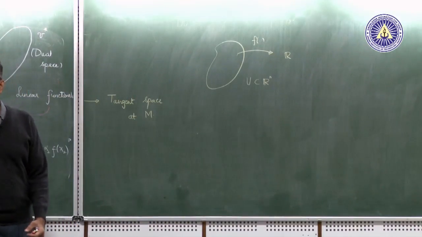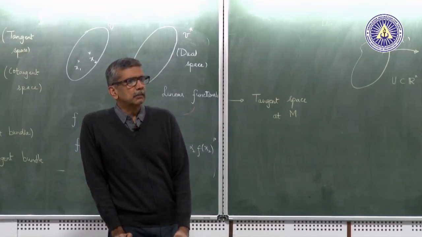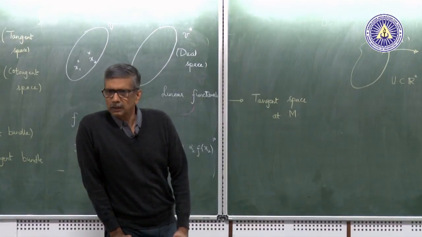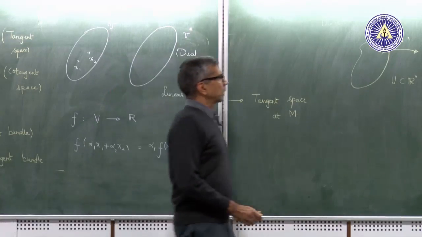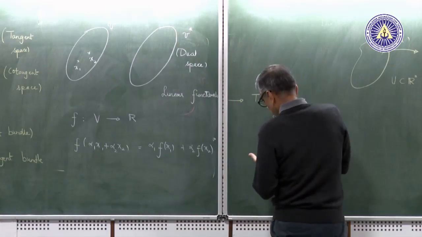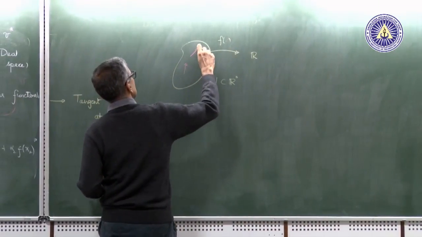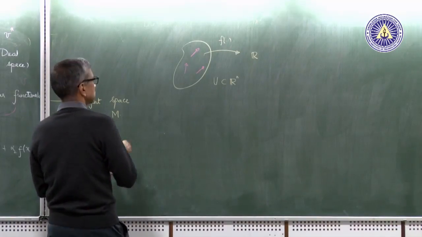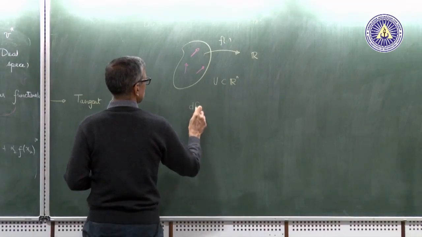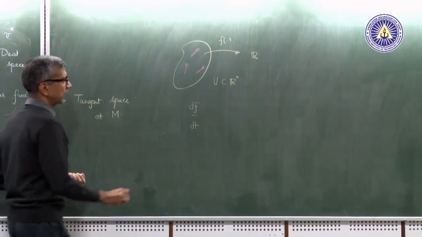Think of it as in your harmonic oscillator, think of it as energy is a function, right? It gives you a real number. Now, suppose a vector field is specified. So you have a vector field on the system and we ask the question, what is df by dt?